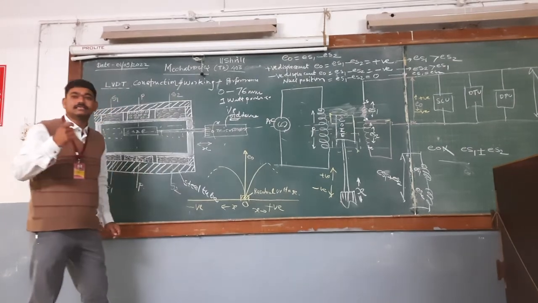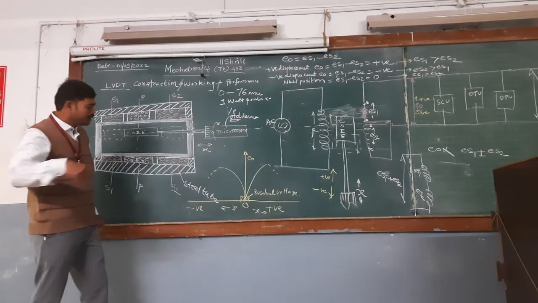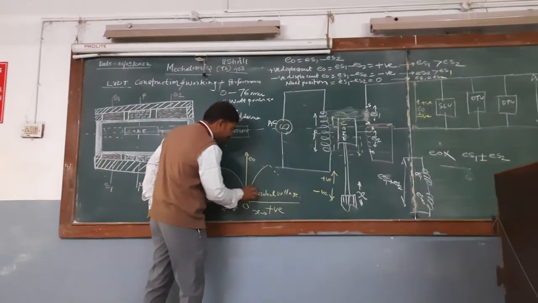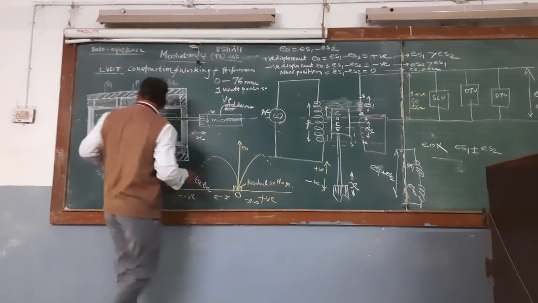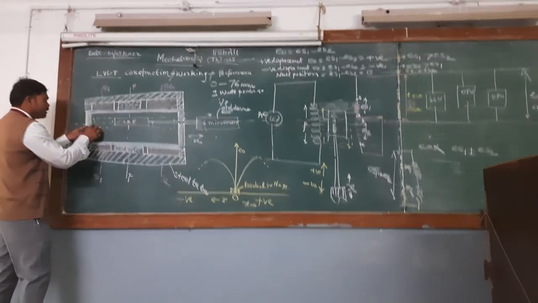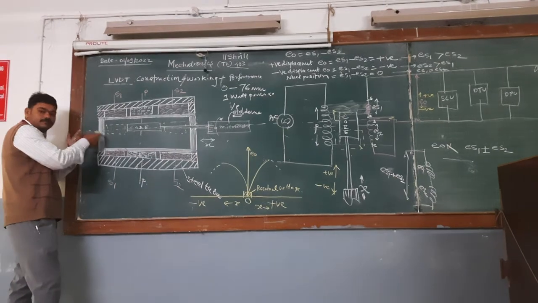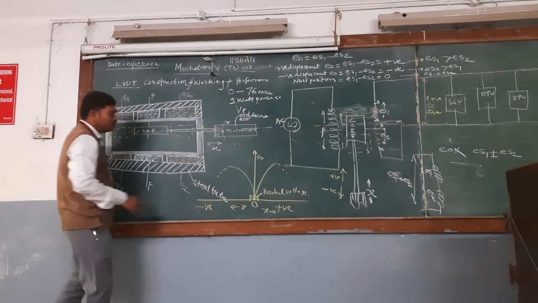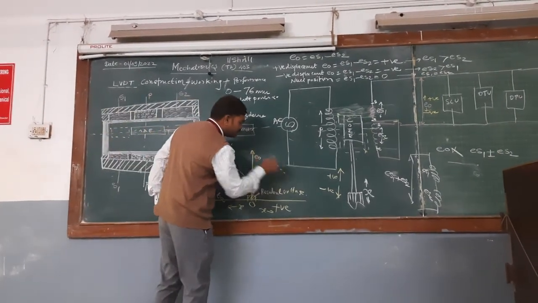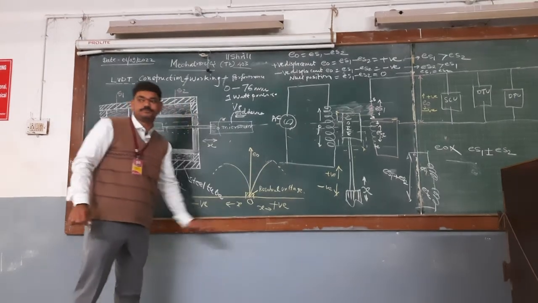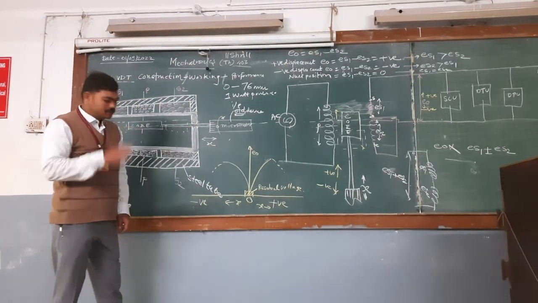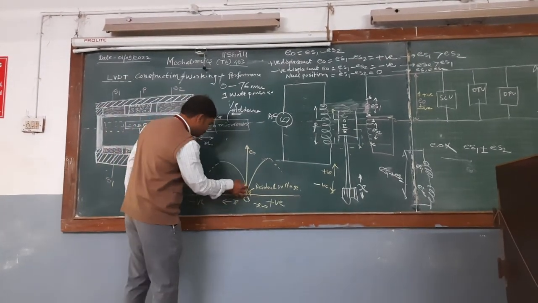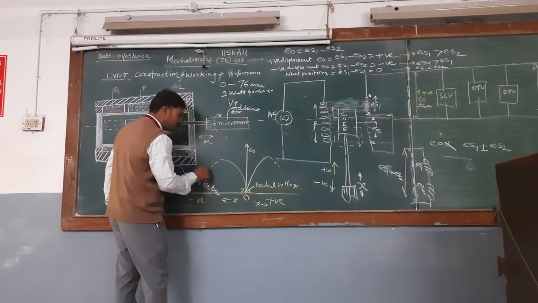If it is moved further, it will move up to the construction limit, up to this. Beyond this, it cannot move because of the construction limitation, so avalanche breakdown takes place, and that will show the reading to you. Get it? Similarly, on this side also, it will move linearly and show like this.